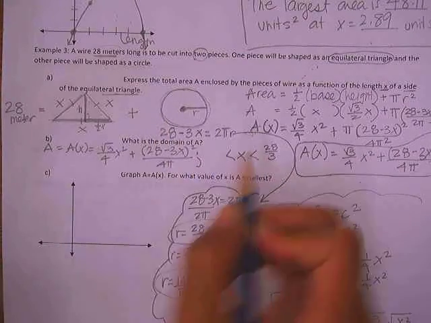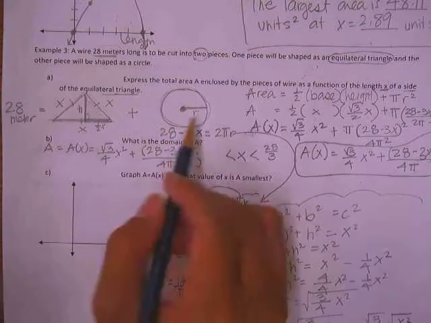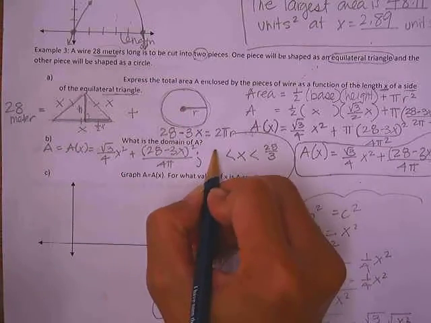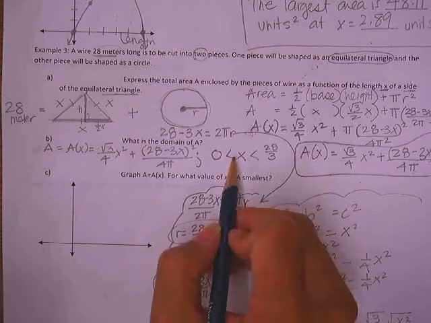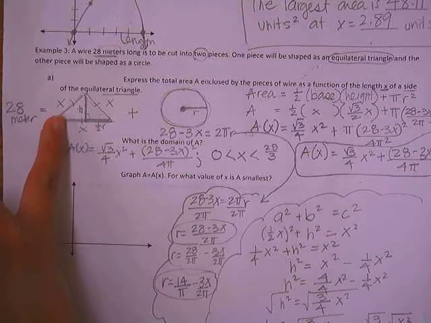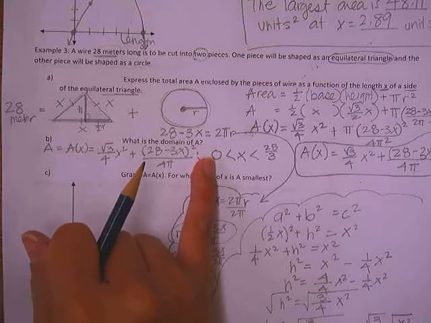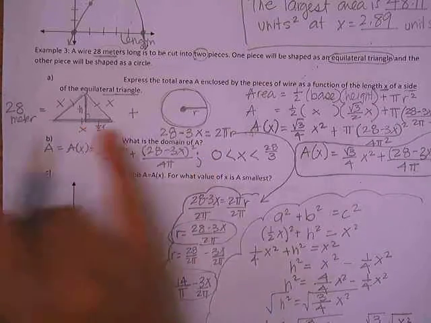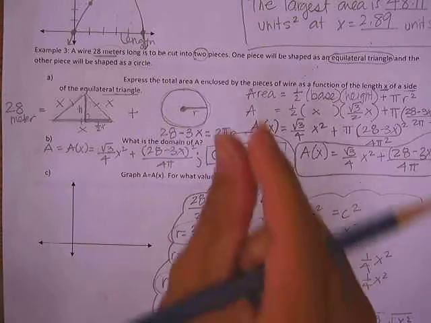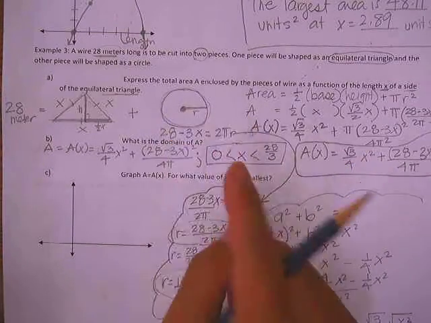Or the other extreme is that I'm going to use all of it for the circle and almost nothing for the triangle. These are the two extremes. This right here means I'm using all of it for the triangle. This right here means I'm using nothing for the triangle, or almost nothing. That's why we're not including the two extremes, meaning we're leaving a very small amount for the other one.